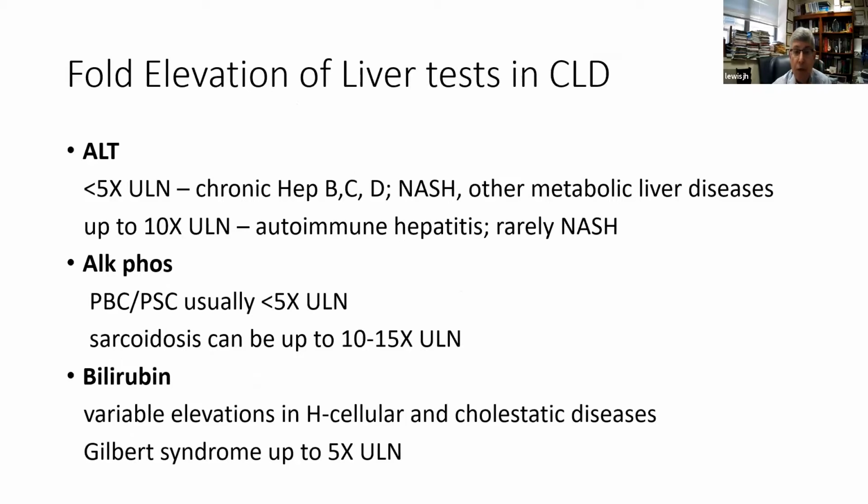So just in terms of how high liver tests go in chronic liver disease, for the most part, chronic viral hepatitis B or C, and even Delta, fatty liver disease, and the other metabolic liver diseases, Wilson disease, hemochromatosis, alpha-1 antitrypsin deficiency, the values are generally below 5 times the upper limit of normal.